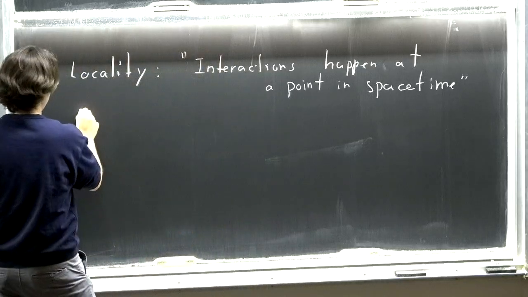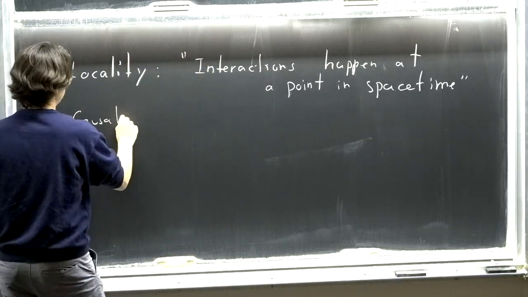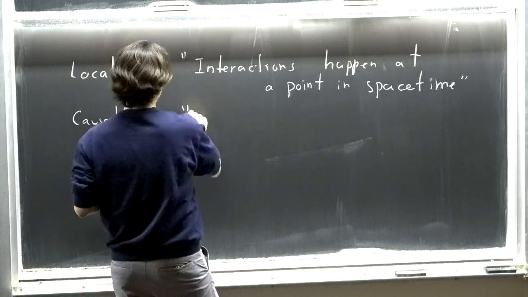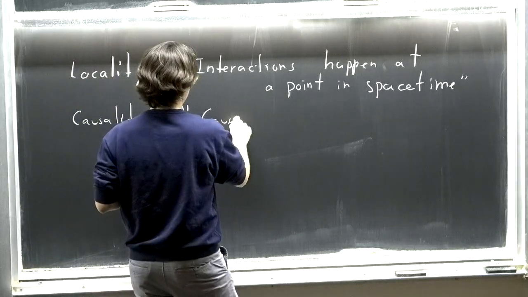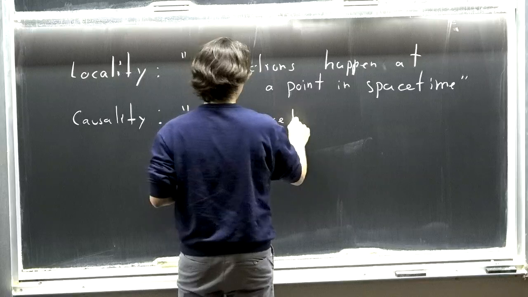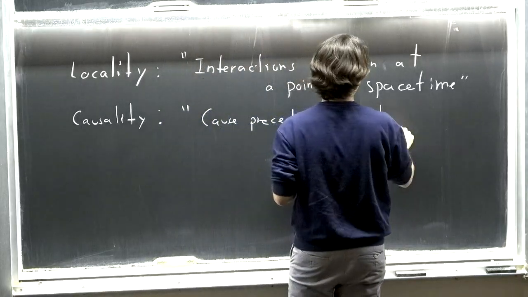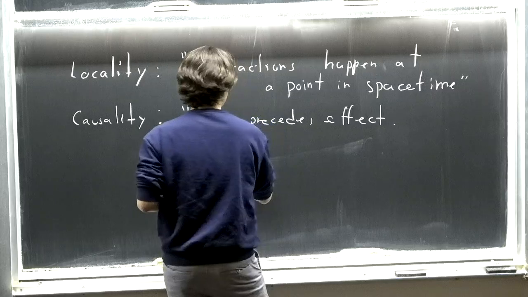Okay, causality. What is this? So cause precedes effect. Or in our relativity theory, also we have that space-like measurements commute.